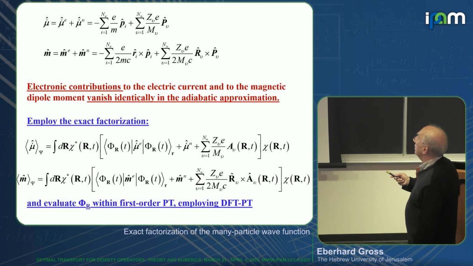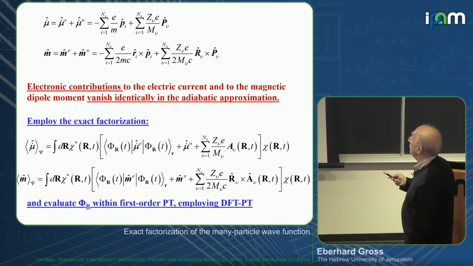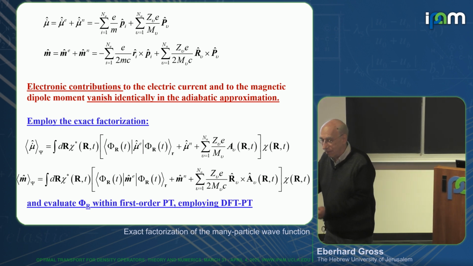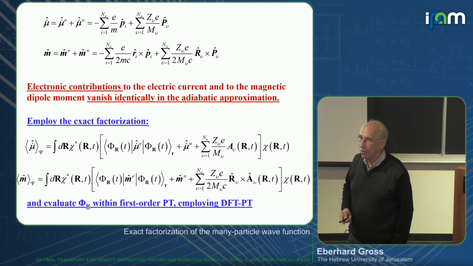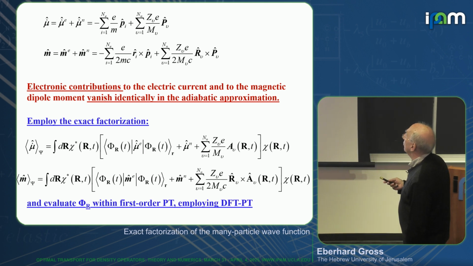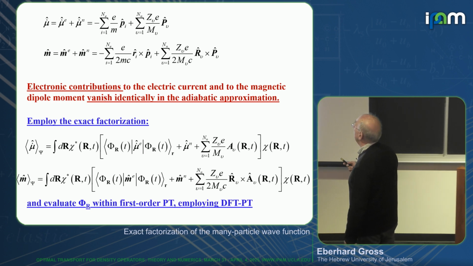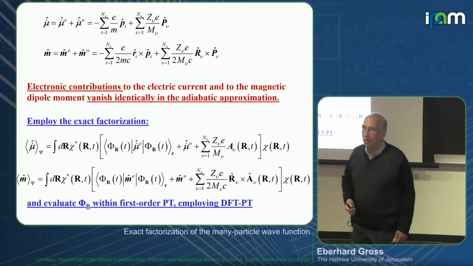And those are exactly this momentum and angular momentum currents that in adiabatic approximation are zero. So this has an electronic contribution and a nuclear contribution, and in adiabatic approximation, these guys are simply zero.